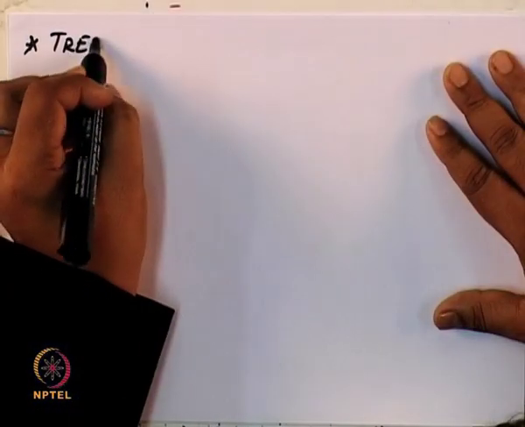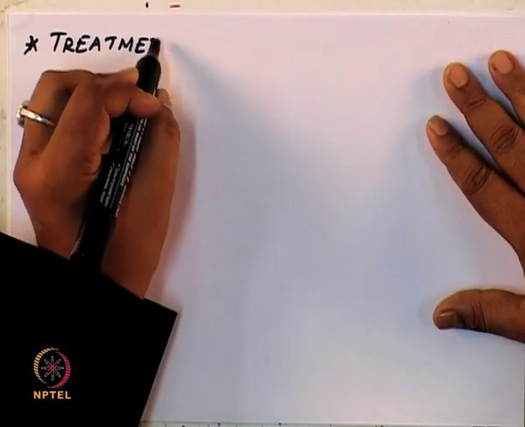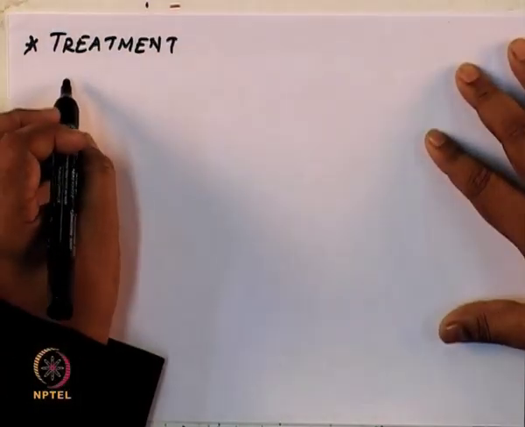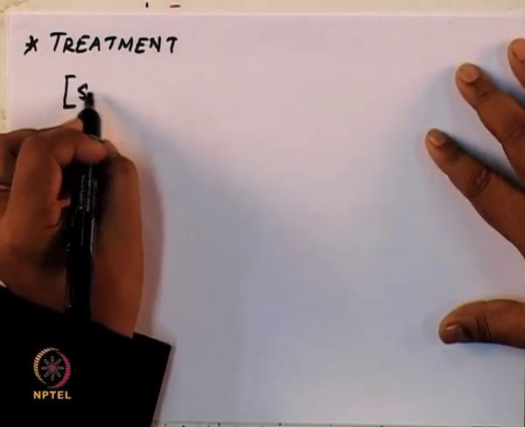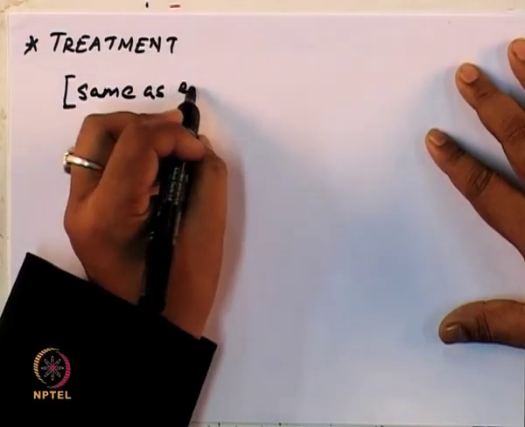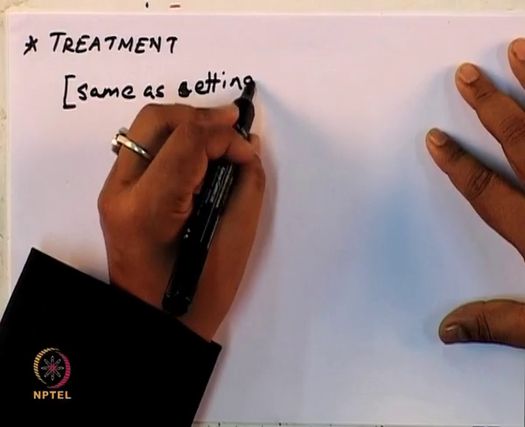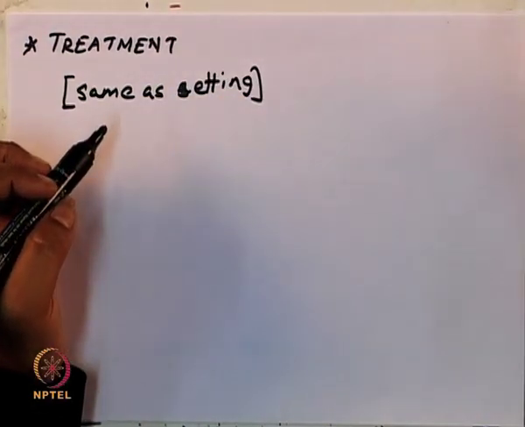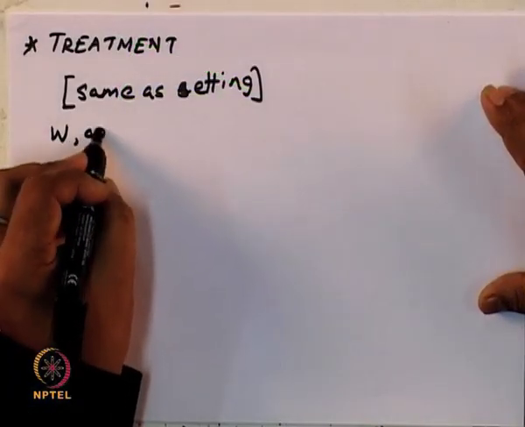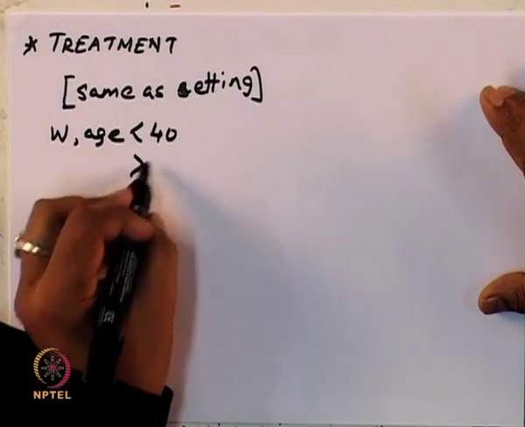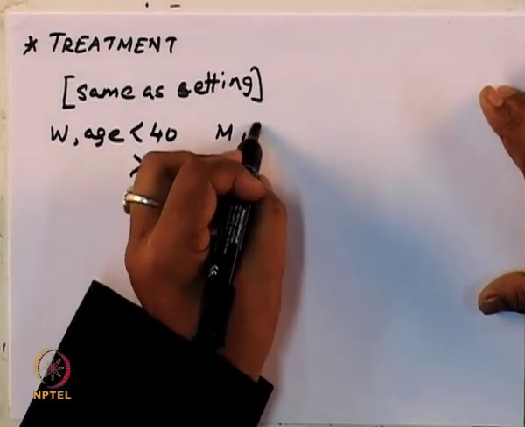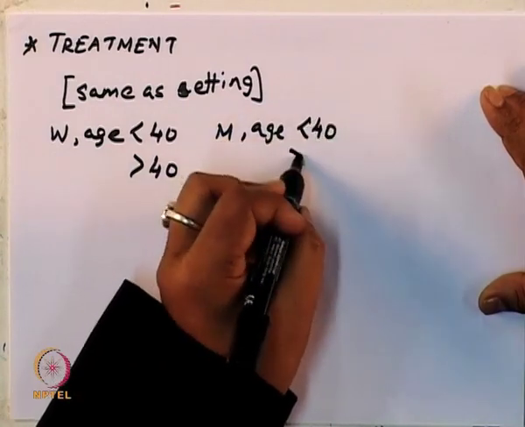So, you also have something called treatment. Sometimes the treatment can be the same as the setting. Let us say your setting is just men versus women, or gender. In that case your treatment is the same as your setting. However, your treatment can be women with age less than 40 and greater than 40, similarly men with age less than 40 and greater than 40.